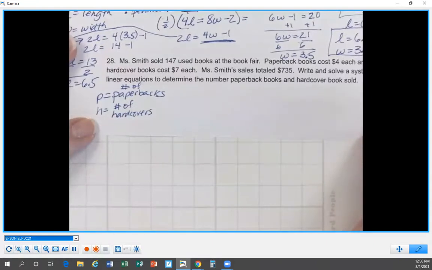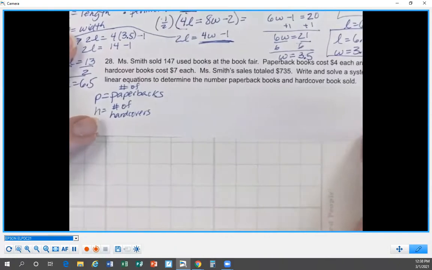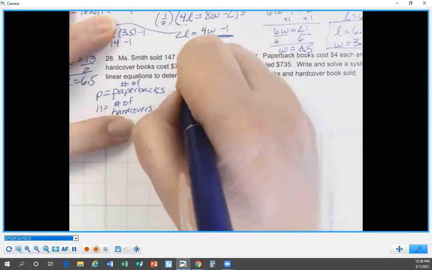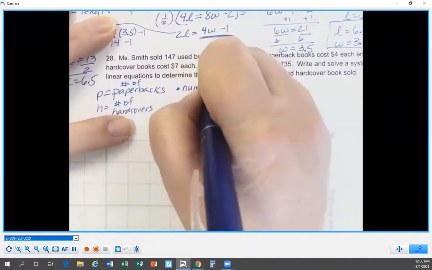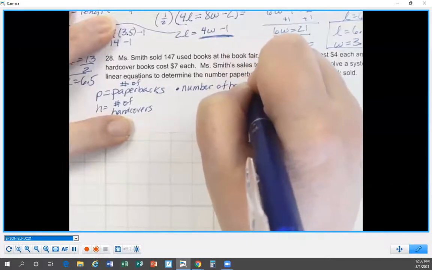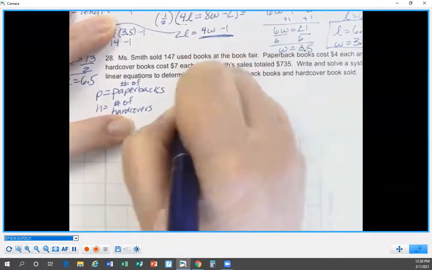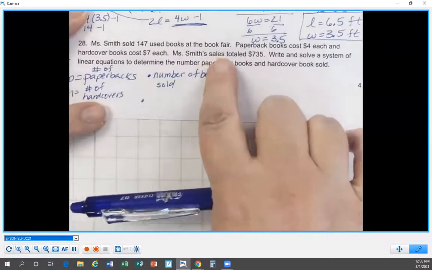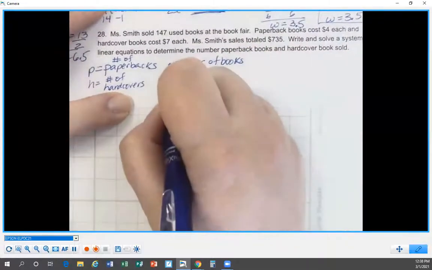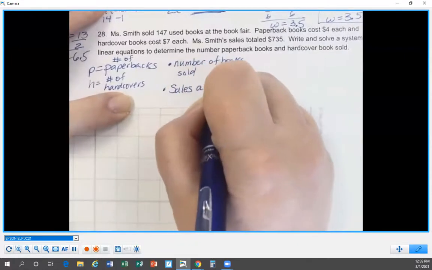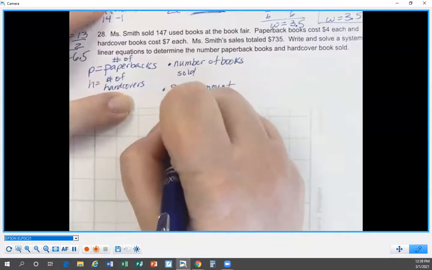Write and solve a system of equations to determine the number of paperback and number of hardback books sold. So first of all, we're going to write one equation about the number of books sold. And the second equation is going to be about the sales amount, and that's in dollars.